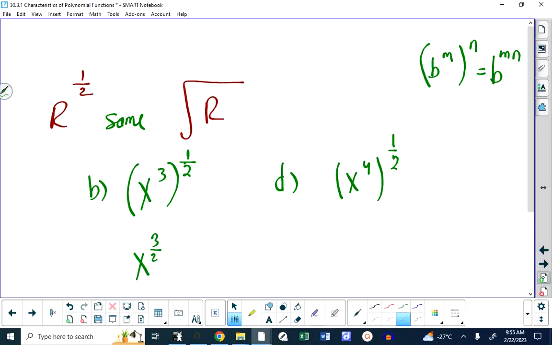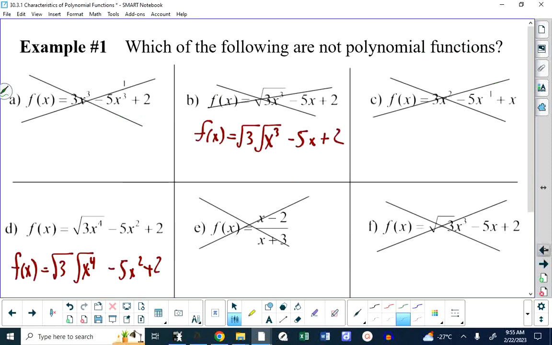When I take 4 times a half, I get 2. And 2 is a whole number, but 3 over 2 is not a whole number. Which means that this is a polynomial function, because it can be written as a number times x squared. It's fitting the pattern. All right.